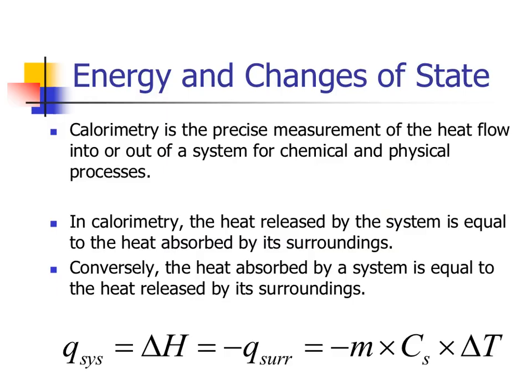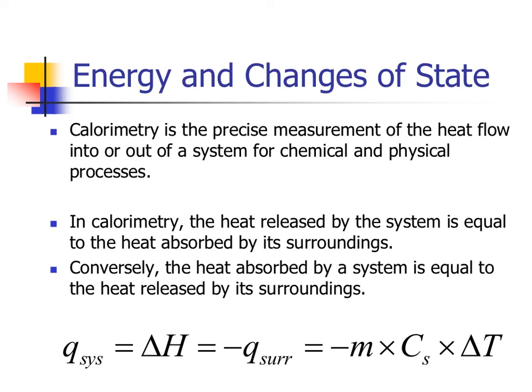Now, I've mentioned this a couple times in the notes already and throughout class, that a lot of times what we're looking at is where is this going? The heat of the surroundings is the negative of what the system is doing, is really what we're looking at with this equation here.